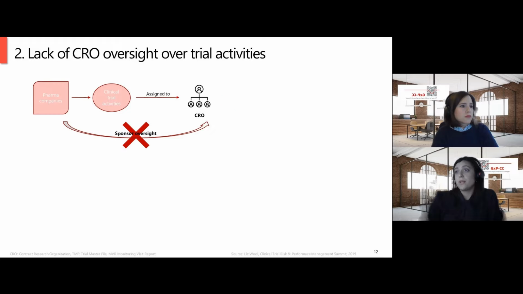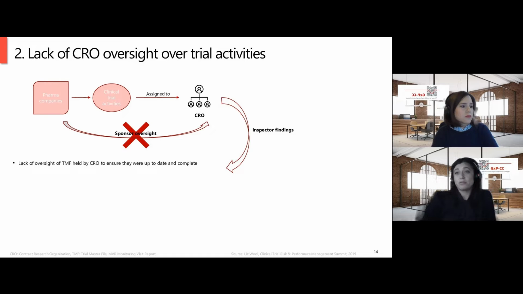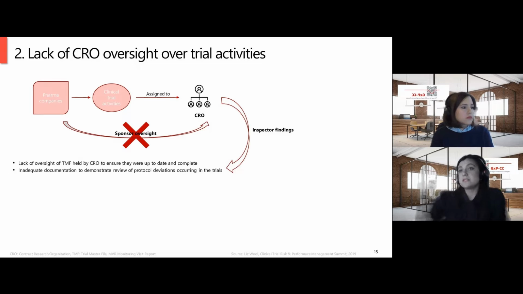However, when inspectors went on site, they found out that first there was lack of oversight of the TMF, the trial master file, which normally is held by the CRO. However, the sponsor is responsible to ensure that the TMF is up to date and complete at any point of the trial. There was inadequate documentation to demonstrate the review of protocol deviations that occurred in the trial.